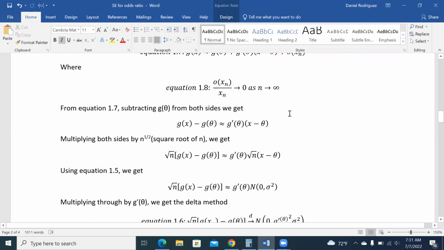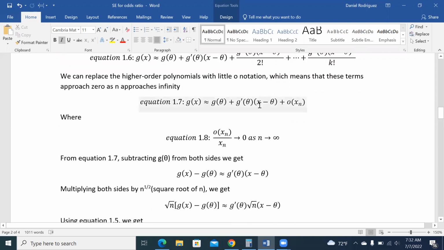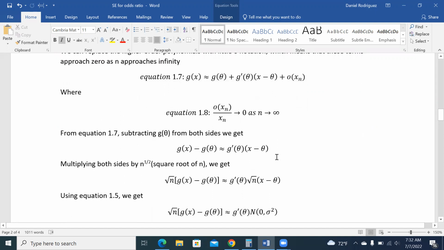So let's build this function. Here we have this Taylor series equation 1.7. Here I still have the little o notation, but I got rid of it in this next series of equations. So there's a g of theta here. I subtract it from both sides, so this will of course go to 0. So we get g of x minus g of theta, then you have this first derivative, g prime of theta, times x minus theta.